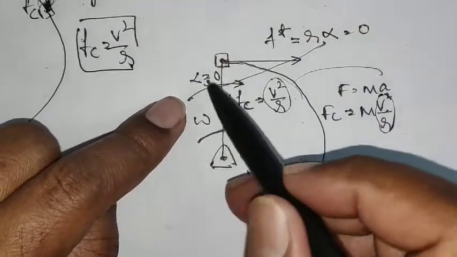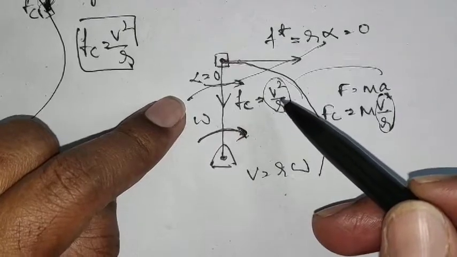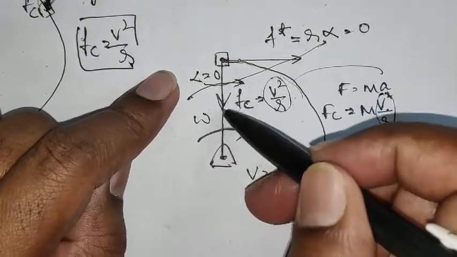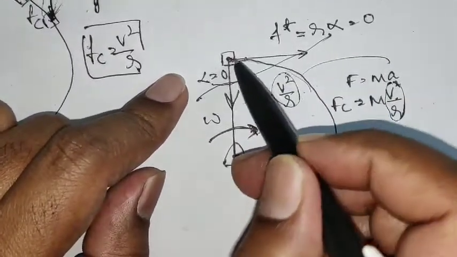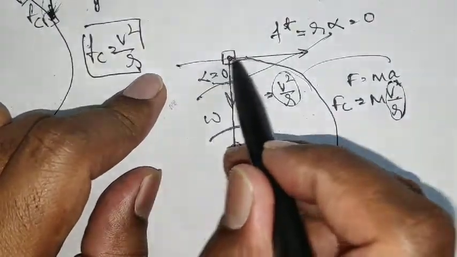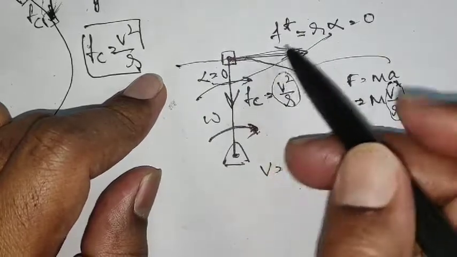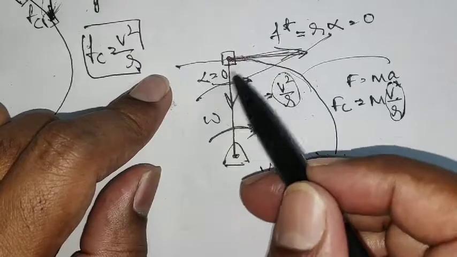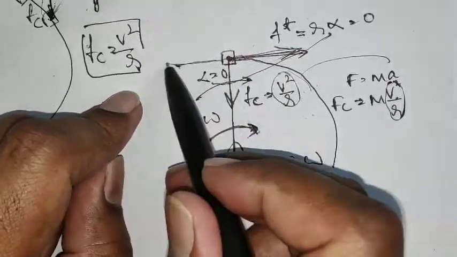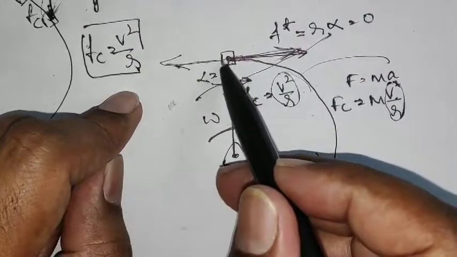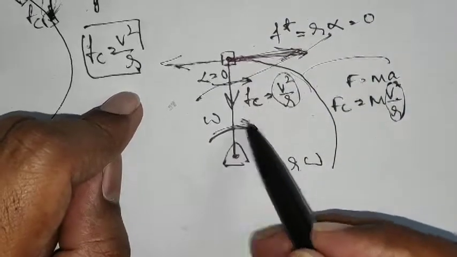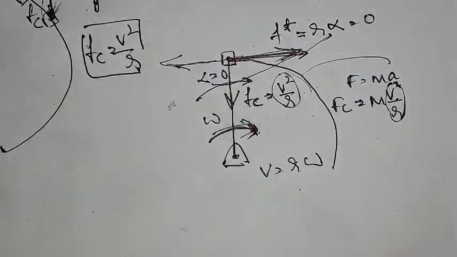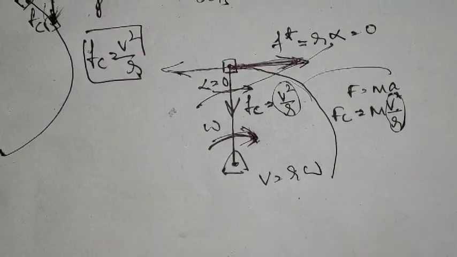Even when there is no angular acceleration, the centripetal acceleration will always exist, and it is always towards the center of the link. The tangential acceleration is always perpendicular to the link, and its direction depends on whether the angular velocity is increasing or decreasing. If it is decreasing, it should be opposite to the direction of the angular velocity, and if it is increasing, it should be in the direction of the angular velocity.